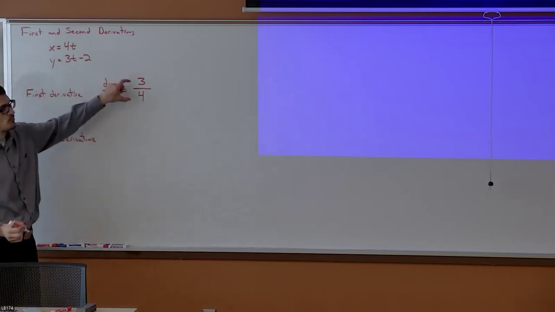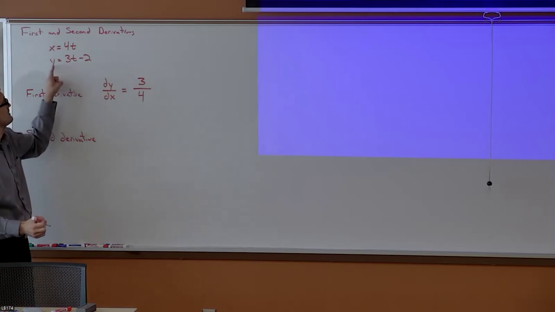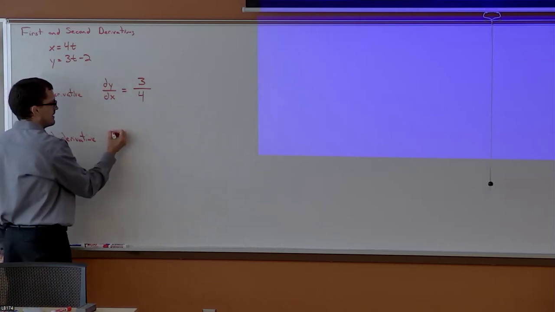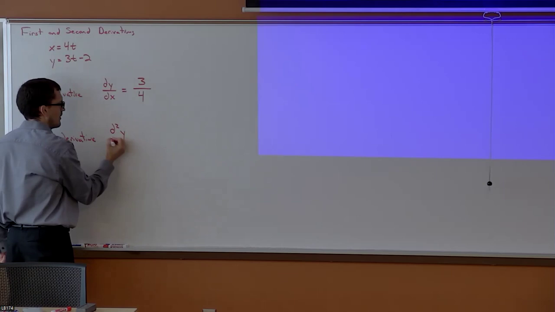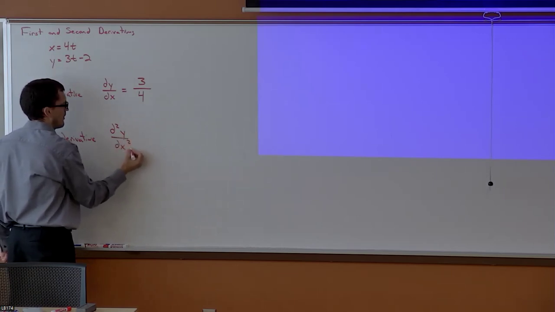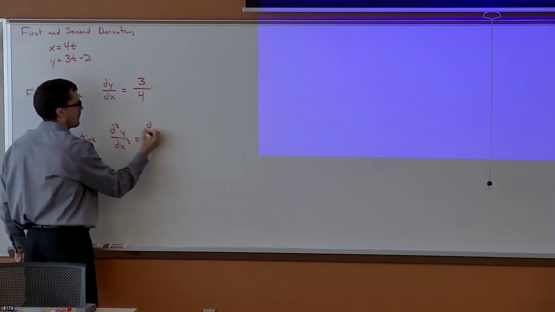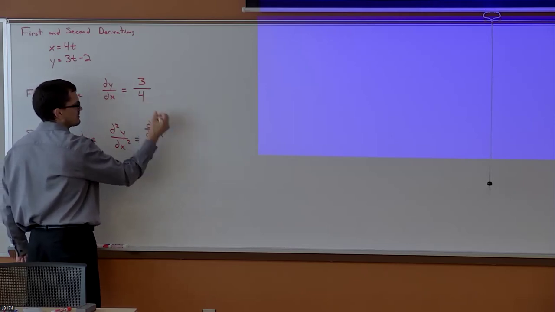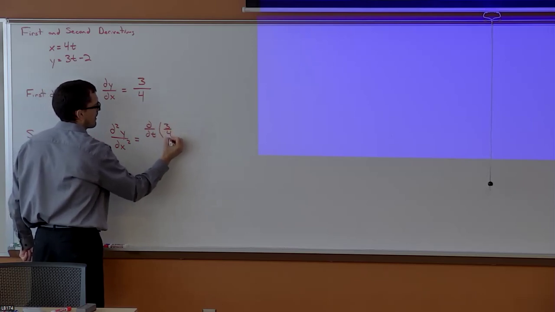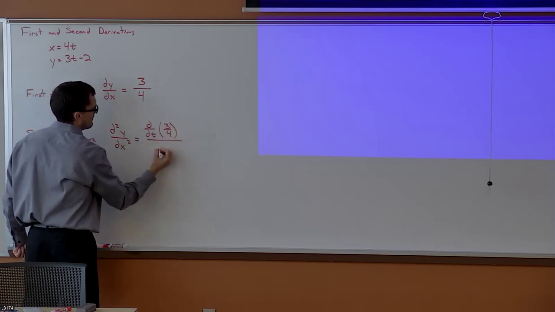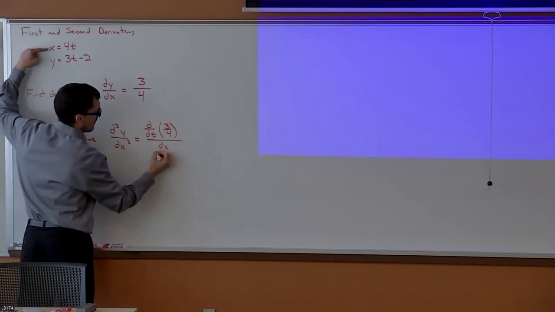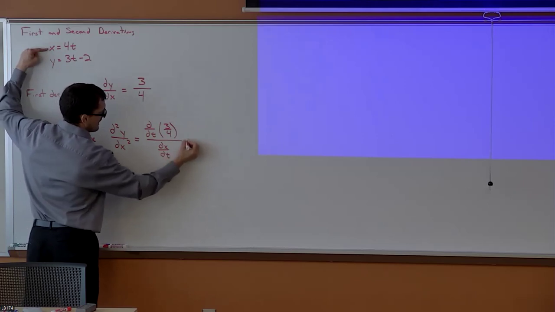Is that this 3/4 is going to essentially behave like my new y. All right, and I'm going to take a derivative with respect to t of this function divided by the derivative of x with respect to t.